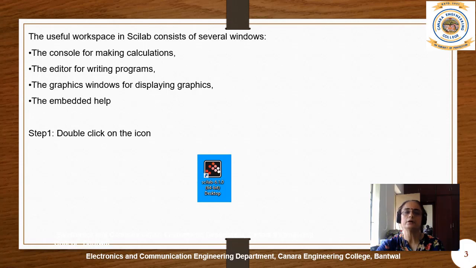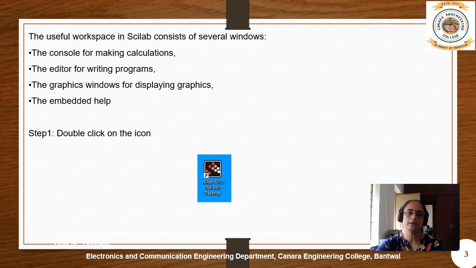There are four useful workspaces available in Scilab. The first one is a console for making all the calculations. There is an editor for writing the programs. There is a graphical window system for displaying the graphics, and you also have embedded help required to write programs in Scilab.